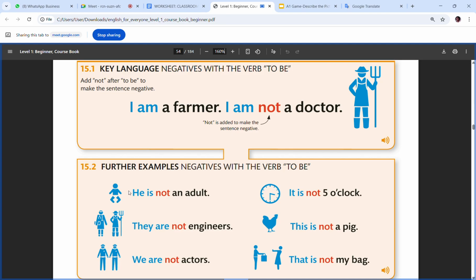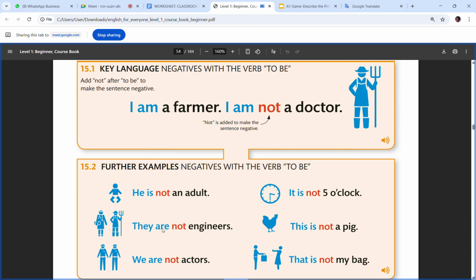Because he's a baby. This is a baby, right? You can see the baby. He's very small, right? So he is not an adult, right?